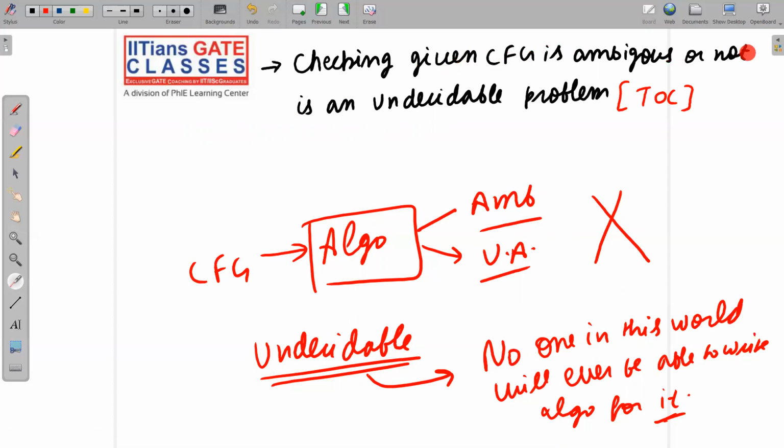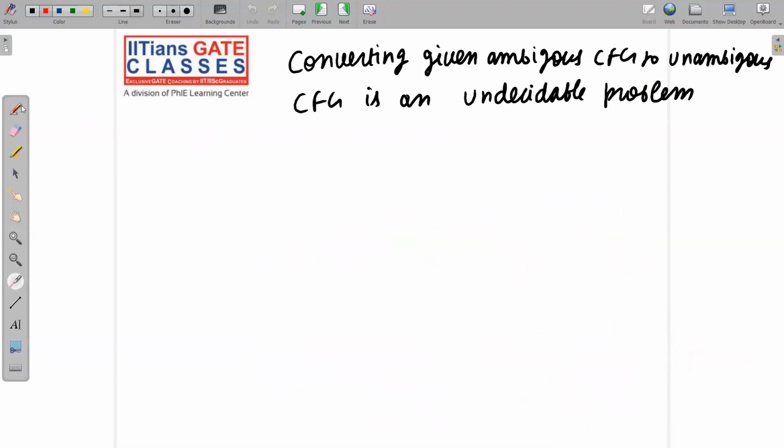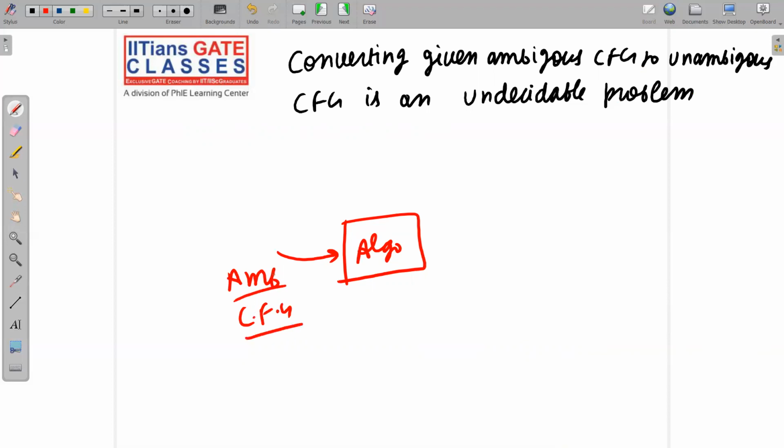Checking whether the given context-free grammar is ambiguous or not is an undecidable problem, and we have already studied that in TOC also. Now the next question is, can we have an algorithm? By hook or by crook, we come to know that we have a given ambiguous context-free grammar. Now, can we have an algorithm which can convert this ambiguous context-free grammar to an unambiguous context-free grammar?